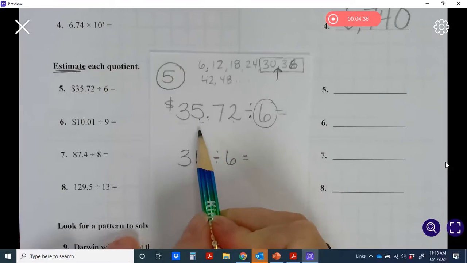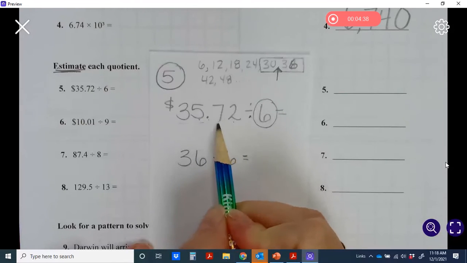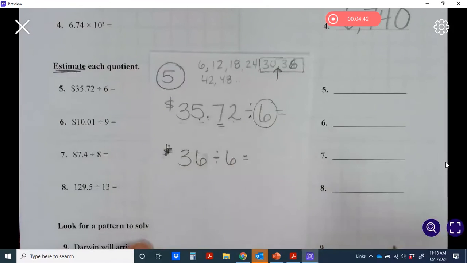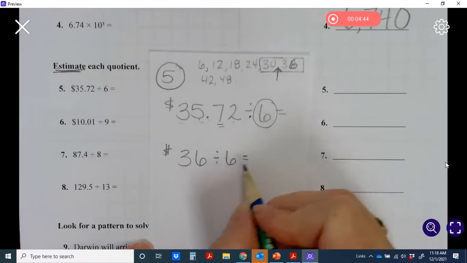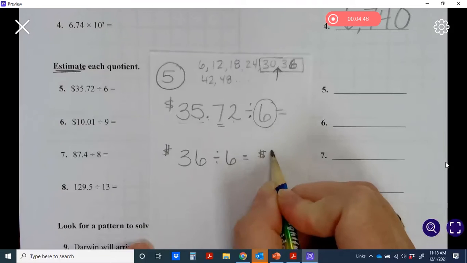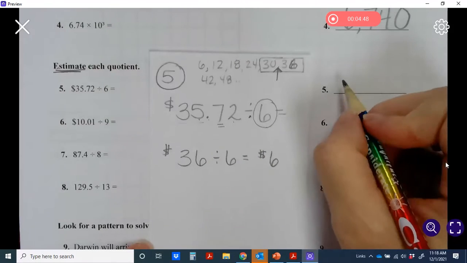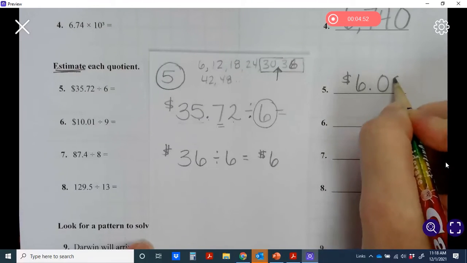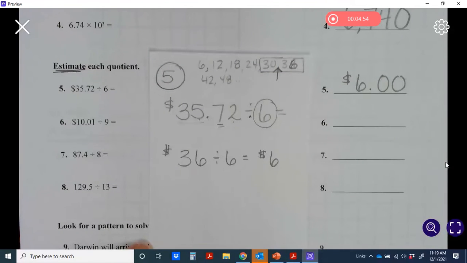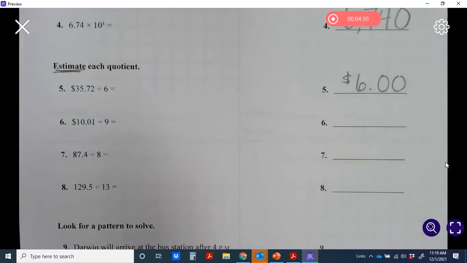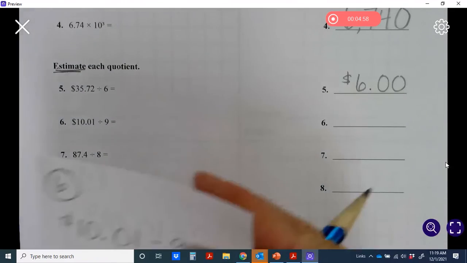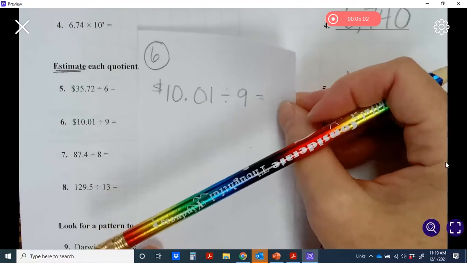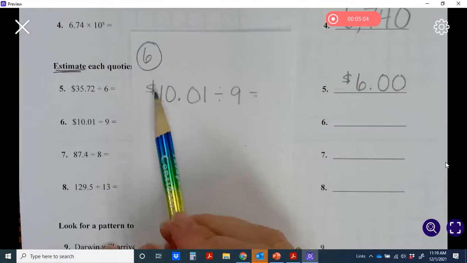And that actually is really good because if I were to round this to the nearest whole number, that actually would be 36. So my answer would be $6.